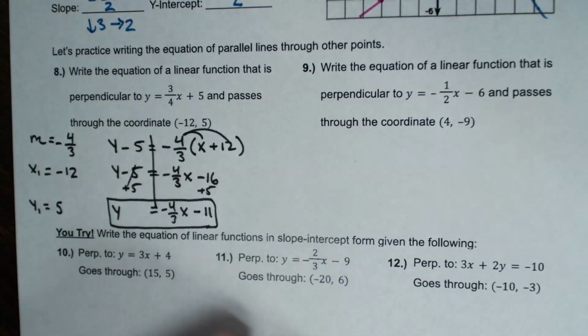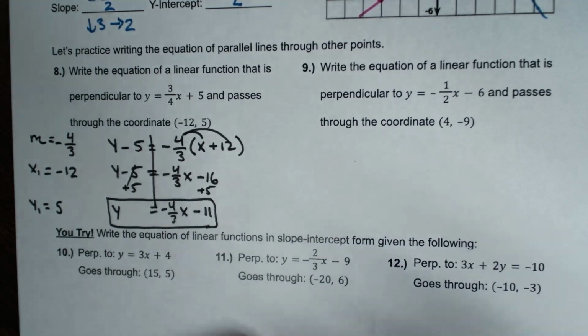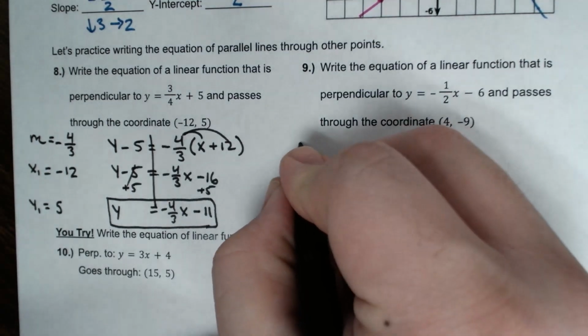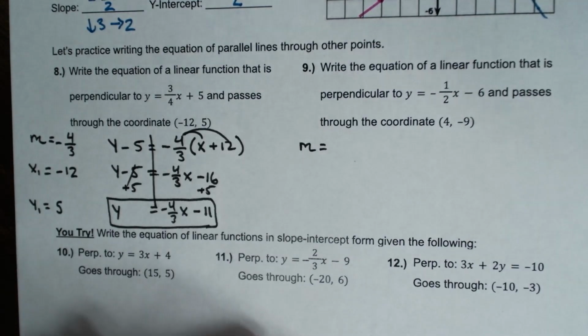Number 9. The equation of a linear function that's perpendicular to negative 1/2 x minus 6 and goes through 4, negative 9. What is the perpendicular slope to negative 1 over 2? It's just 2.